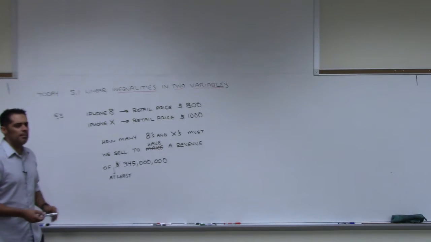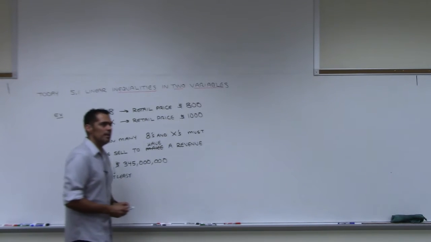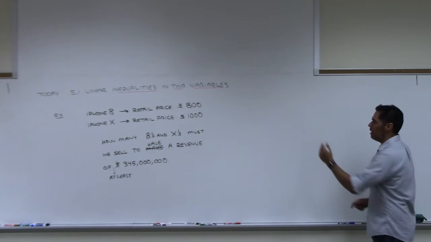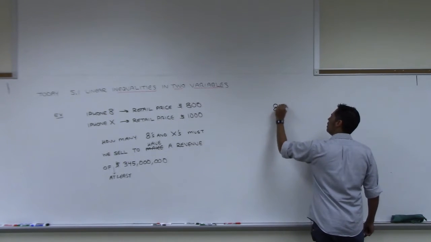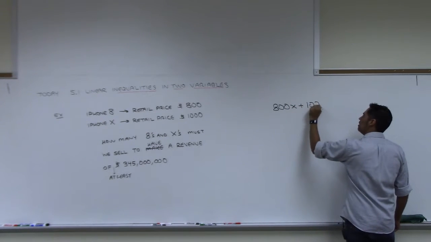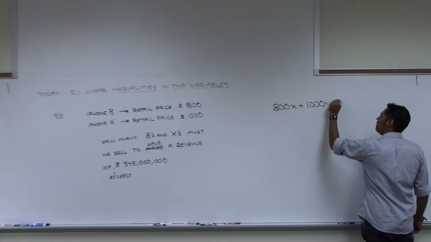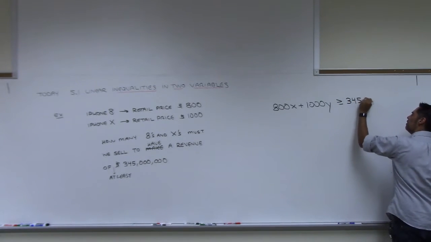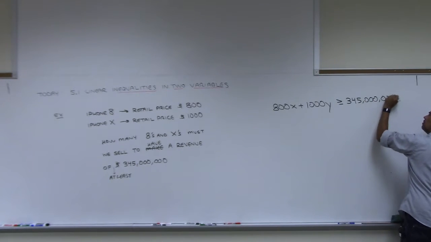But what does the linear inequality with the two variables look like? 800. Okay, 800x plus 1,000y bigger than or equal to $345 million, right?